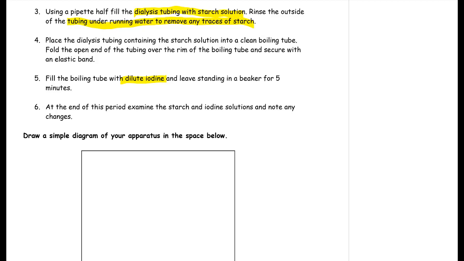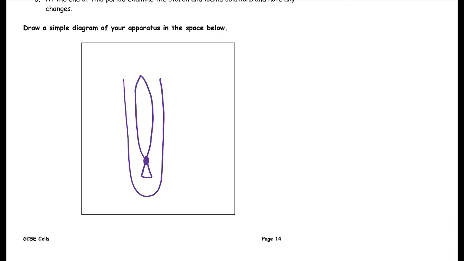So this is what you get. You get a boiling tube with some dialysis tubing in it, which is basically like a giant sausage here. Then I'm going to draw this black. Inside this you have starch, and here you have iodine.